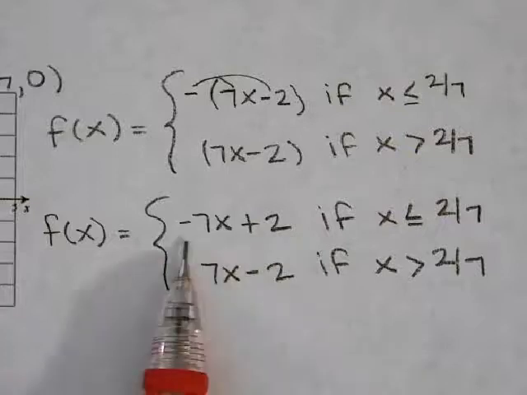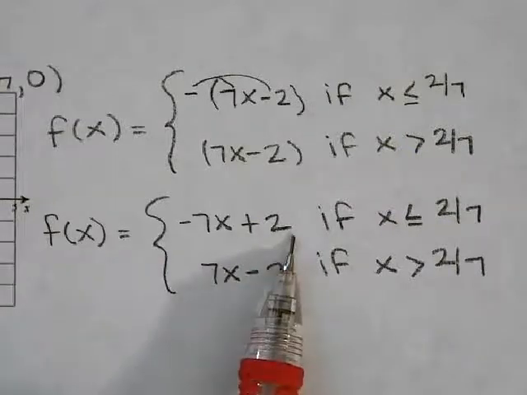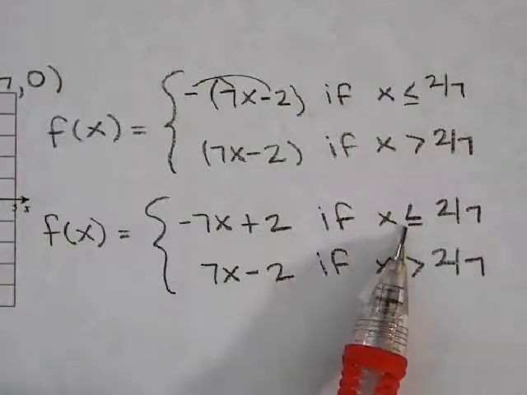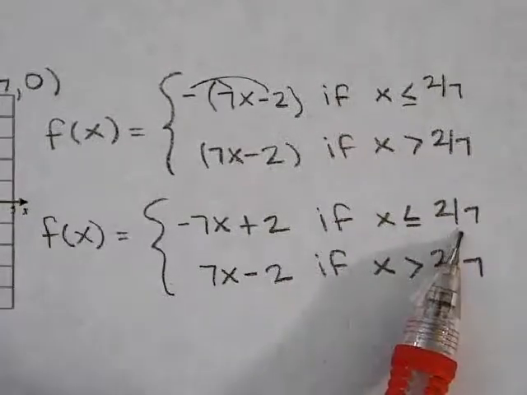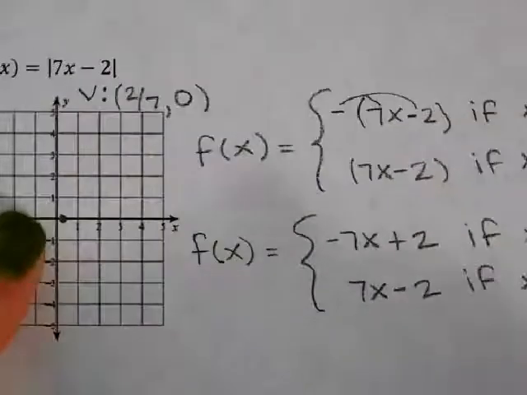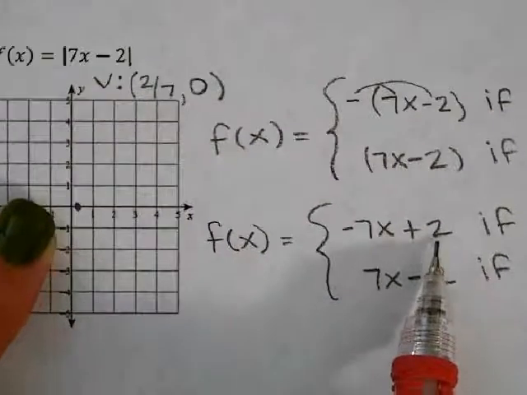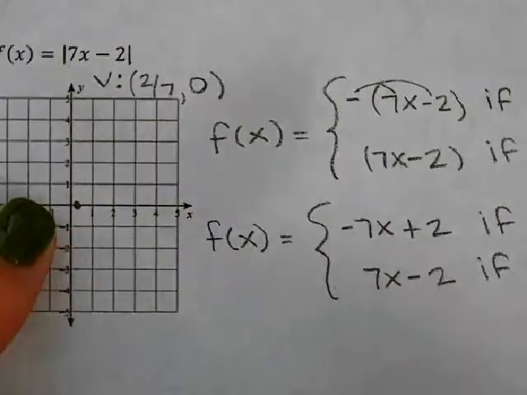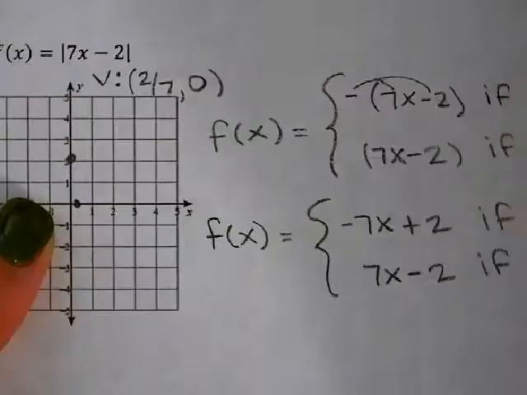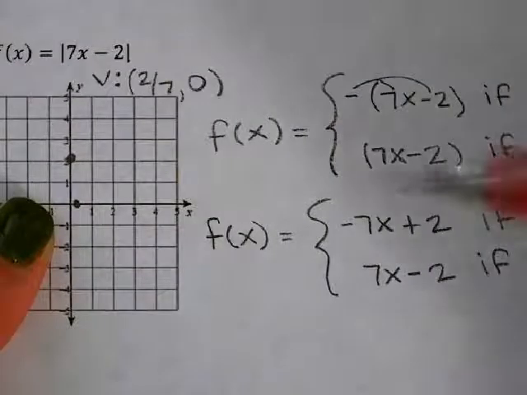Okay, so here's the 2/7. So we have a y-intercept of positive 2. And a slope of down 7, right 1. 1, 2, 3, 4, 5, 6, 7, right 1.